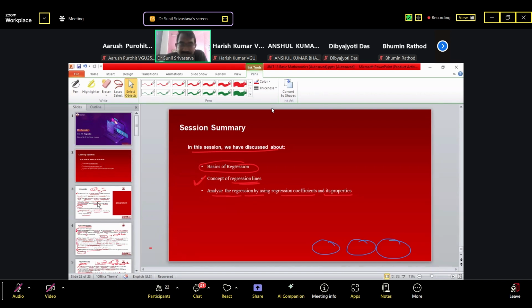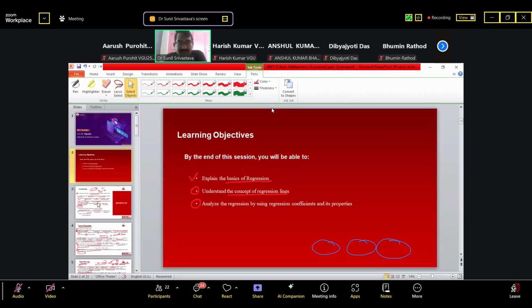See all the assignments provided to you, the lectures and PPTs, and read the books for preparation. The topics are very easy. Regression equations are a very easy topic. You just have to learn the formulas and do the practice. If you practice three questions, I think you can do any question of this type.